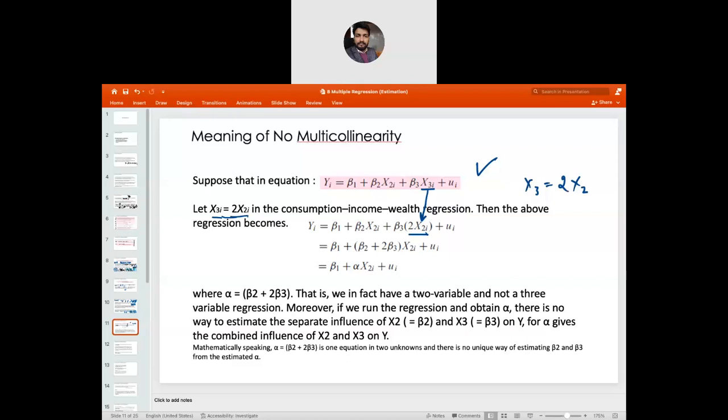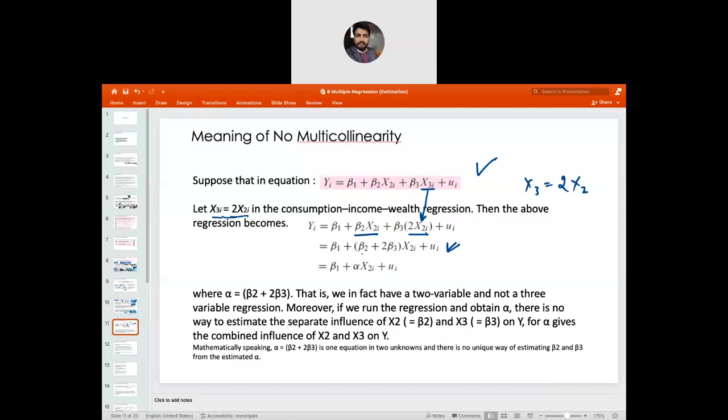Now if we multiply this out and take X2 common, then we get this equation. We've taken X2 common in these two terms, so that inside the bracket we have only beta 2, and outside the bracket X2 is common, so 2 beta 3 is there, right?